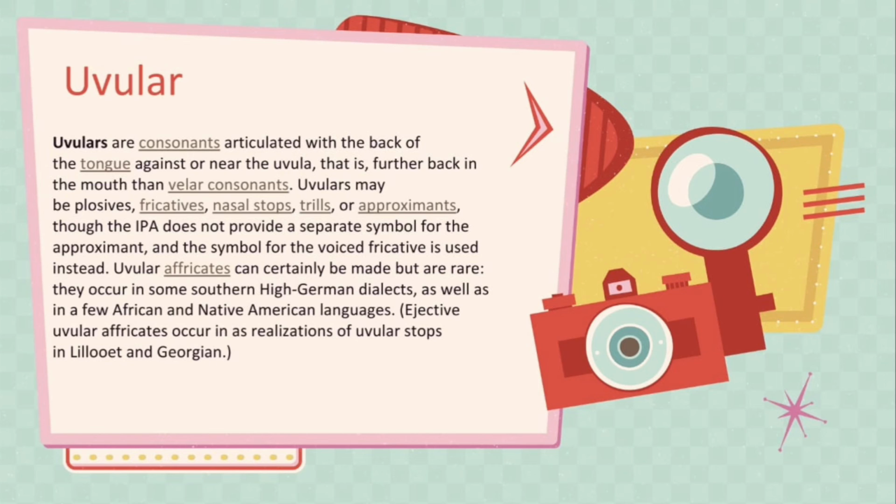They occur in some Southern High German dialects, as well as in a few African and Native American languages. Ejective uvular affricates occur as realization of uvular stops in Lezgian and Georgian.